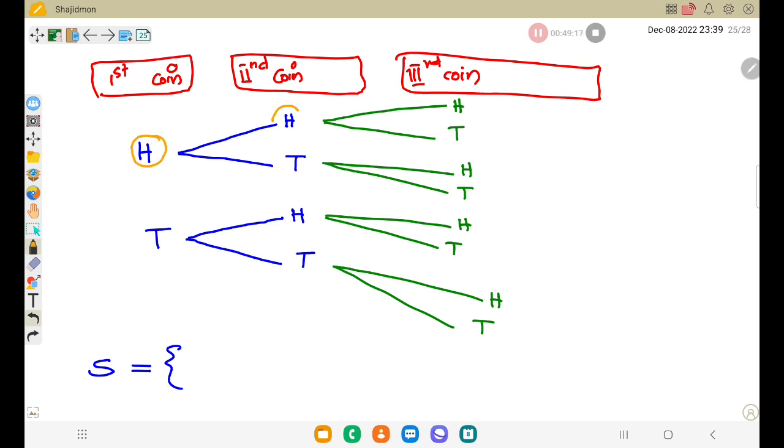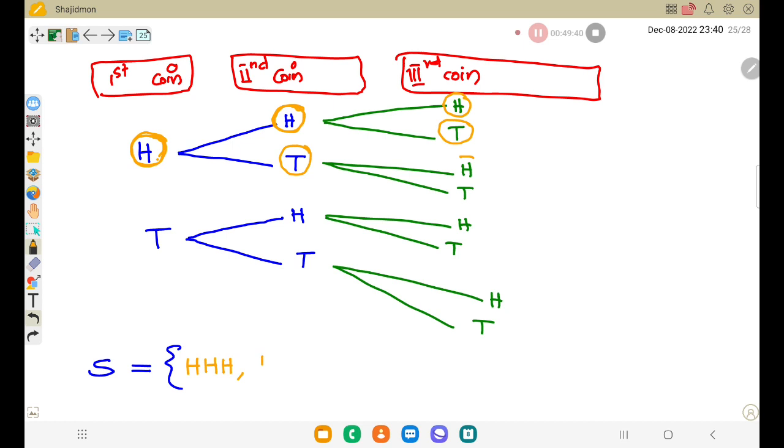First coin head, second coin head, third coin also head. So what is that option? Head, head and head. First one. What is the second one? First coin head, second head, third one tail.